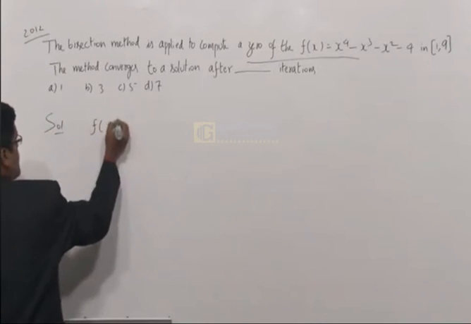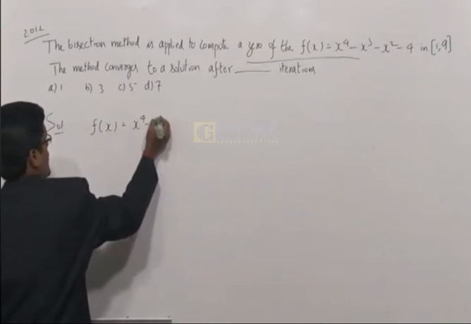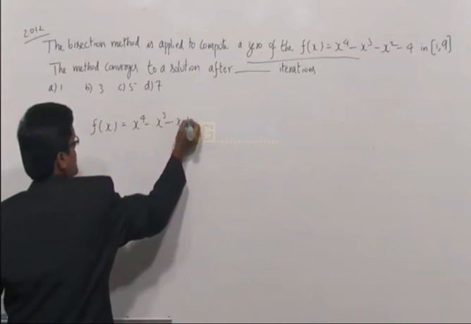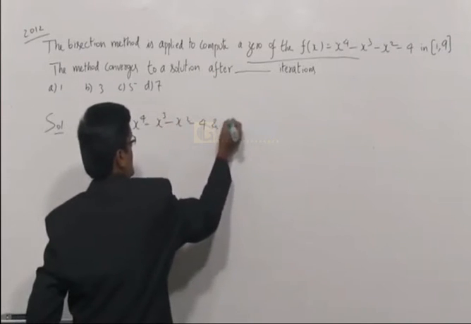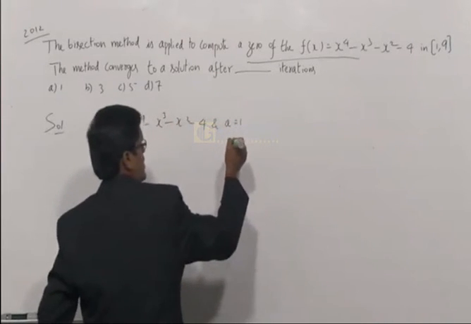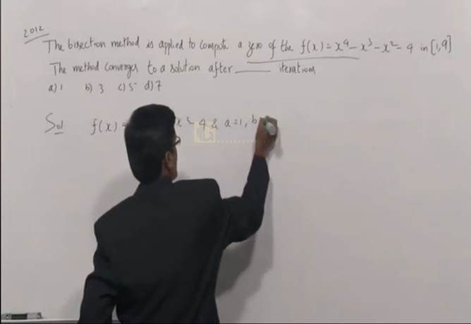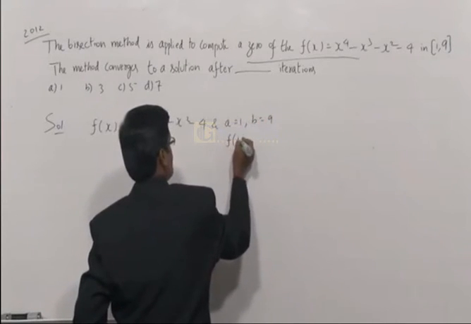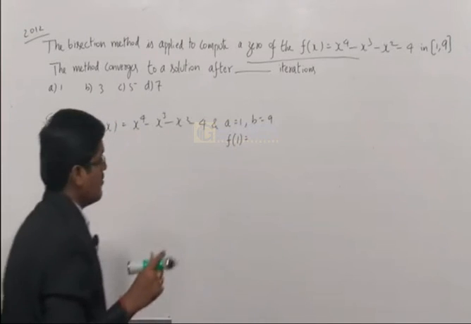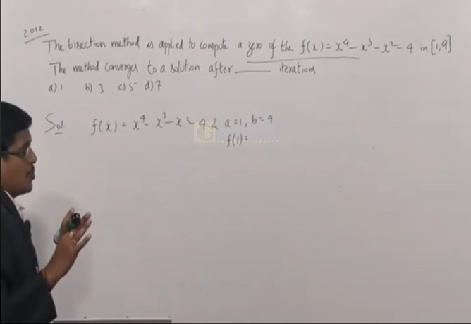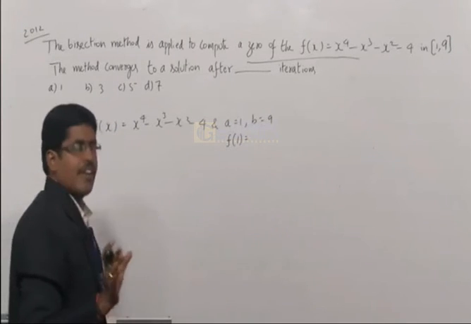f(x) is equal to x power 4 minus x cube minus x square minus 4. The two initial guess values are a equal to 1, b equal to 9. Irrespective of a, b, you immediately find the function values f(a), f(b).